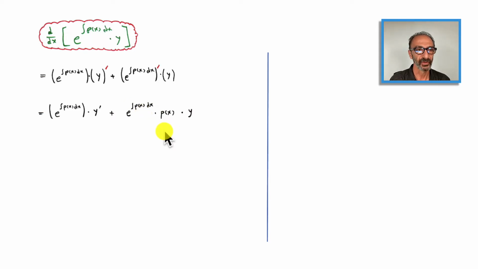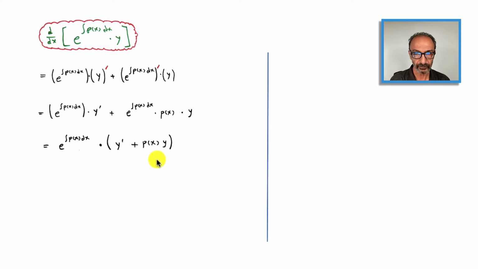Now, notice that both terms have this function, e to the power integral of p of x dx. It's written here and here, so we're going to take it out as a common factor. By taking it out as a common factor, we end up with, inside, y prime plus p of x multiplied by y.